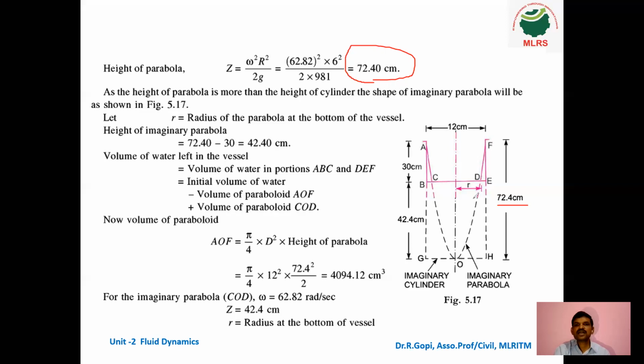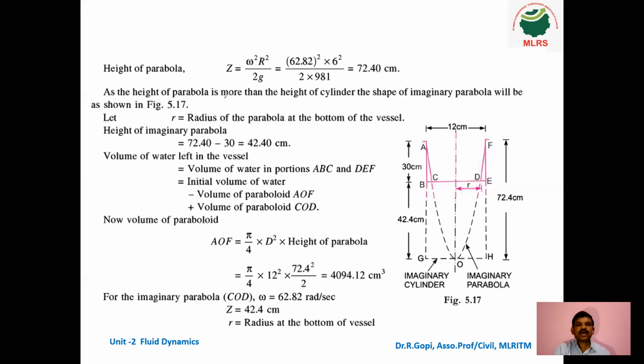It is not real, it is imaginary. So the balance water left is only in this portion. You can see here it is like a triangle shape. Only this much. So we need to calculate the quantity of this water. This is the cross section. Now how to calculate?